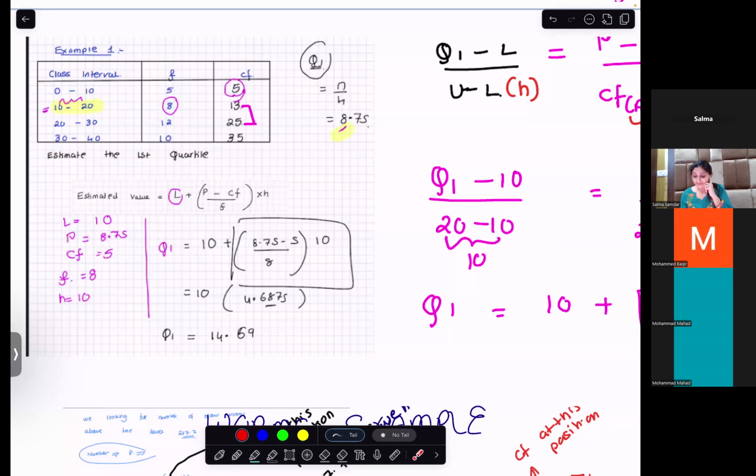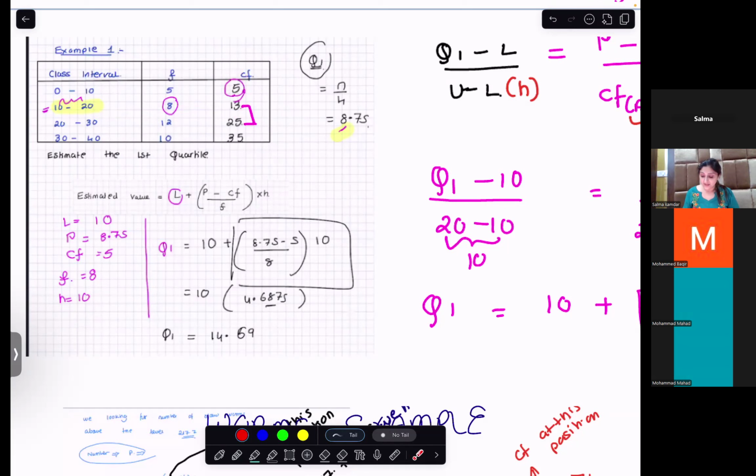Uh, 10 to 20. It will lie over here. So this is the cumulative frequency of the class containing QDP. This is the cumulative frequency of the preceding class. This is the class containing QDP. And this is the cumulative frequency of the preceding class.